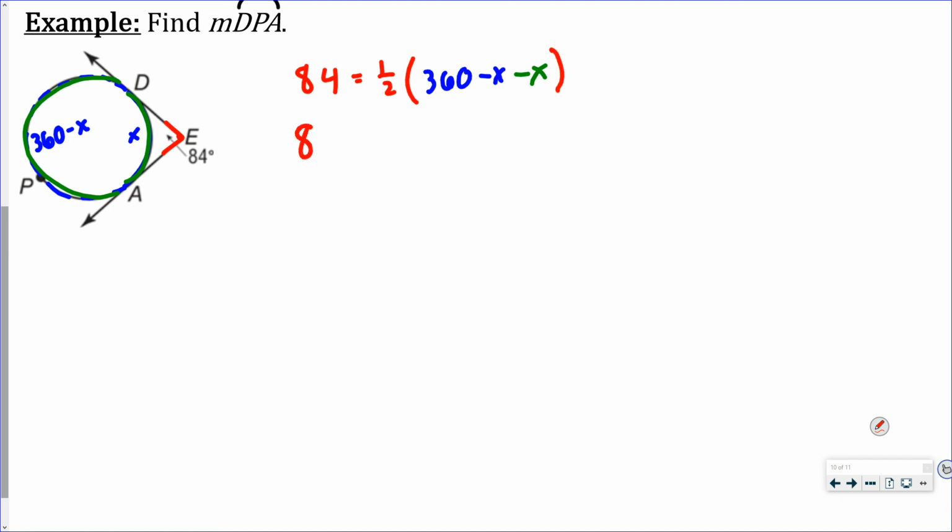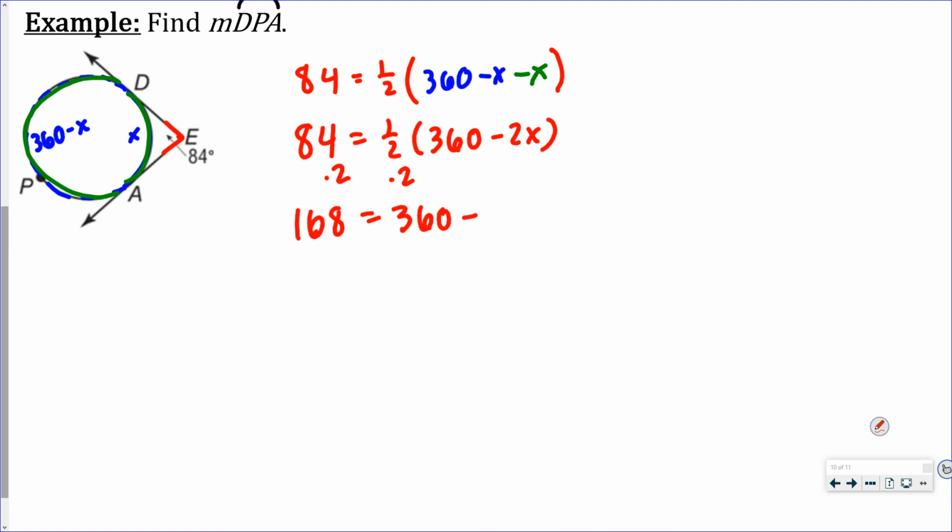Negative X minus X is negative 2X. Times all sides by 2, 168. Add that over. Take off your layers around X. Again, you don't have to add that over. I just like to keep my variables positive. But we're not done.